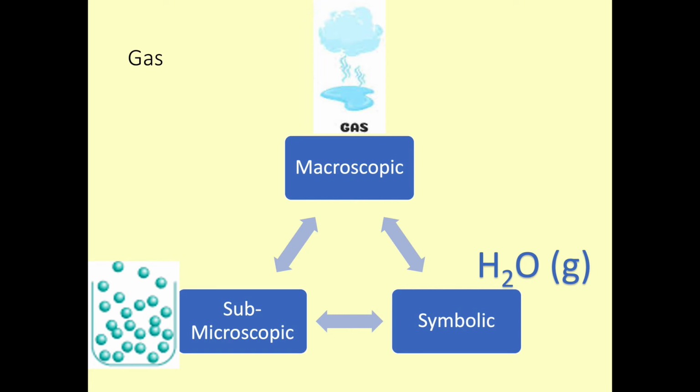For gas, in terms of water, in terms of what we see, we often think of steam coming off a kettle. If you've been to dry cleaners where they're steaming clothes, that's what we see when we see water in a gaseous state. For our particle level, what you can see in this diagram again doesn't quite look like the water particles we saw in the simulation.